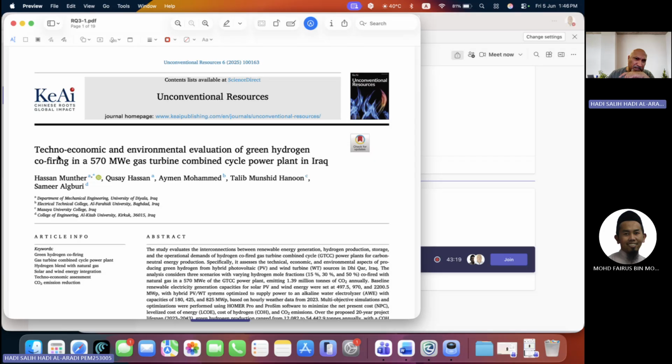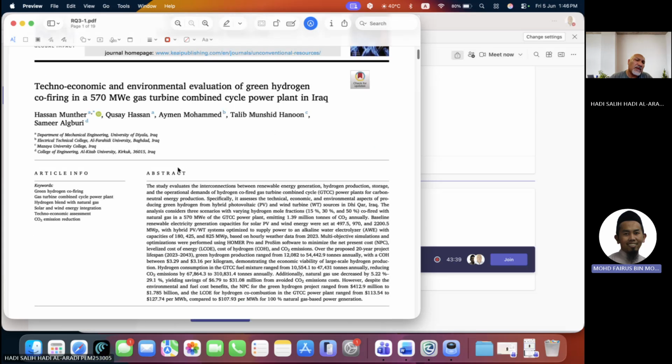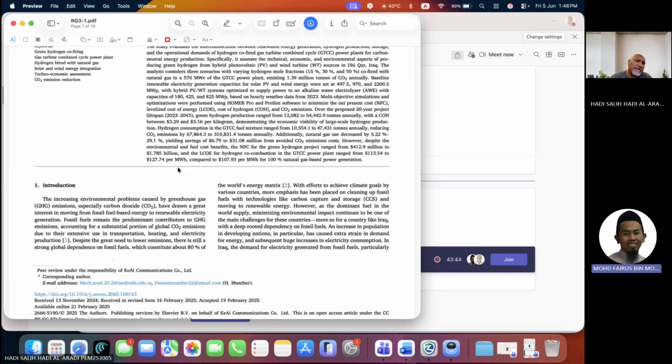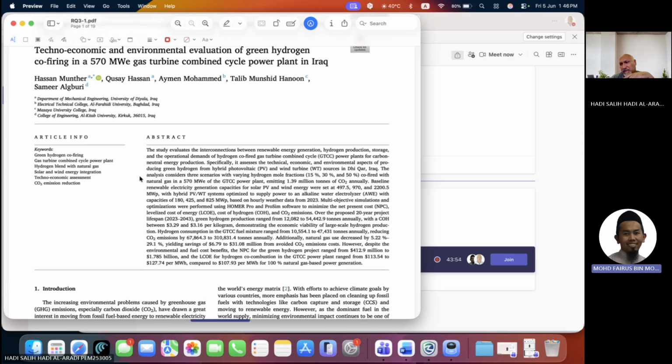This one is the techno-economic and environmental evaluation of green hydrogen co-firing in a 570 megawatt electricity gas turbine combined cycle power plant in Iraq. So this will be quite interesting, because it actually relates the study to a specific plant in Iraq.